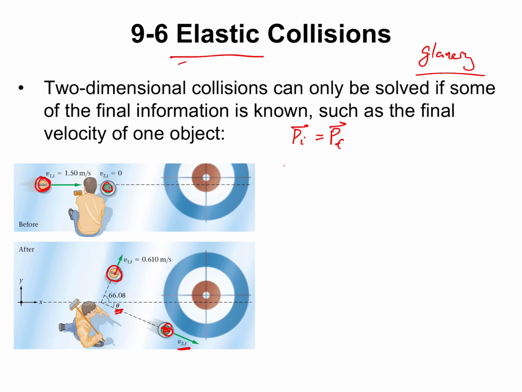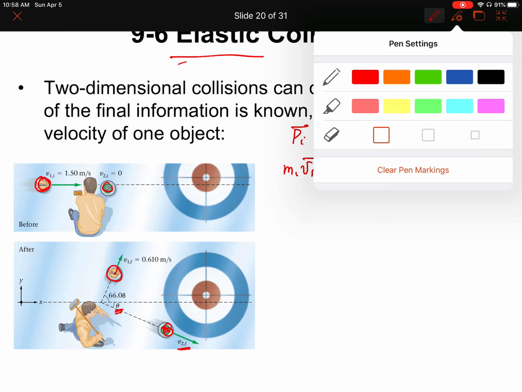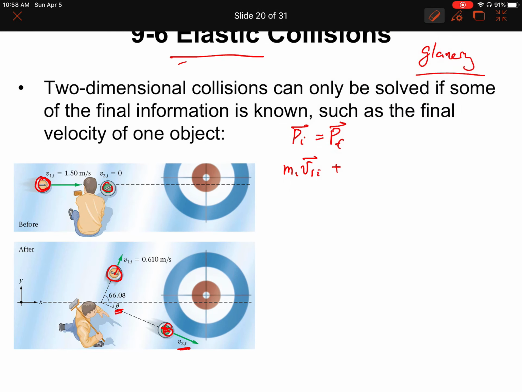So M1V1I plus M2V2I, but V2I is 0, so let's just ignore that. So total initial momentum. Final momentum is M1V1F plus M2V2F. Okay, all right.